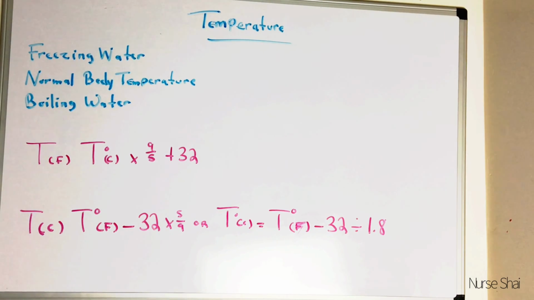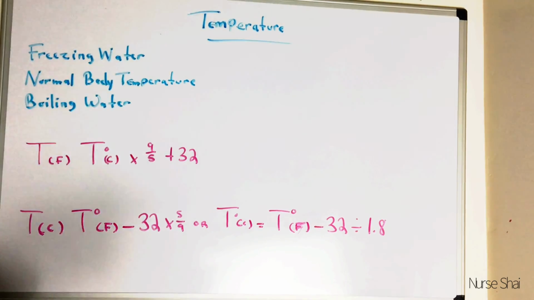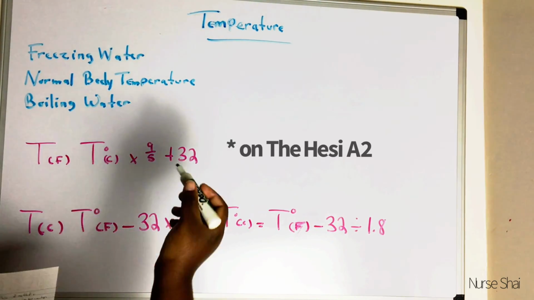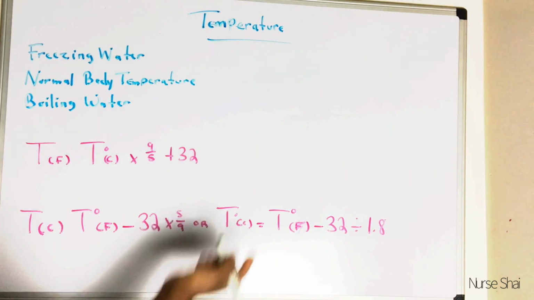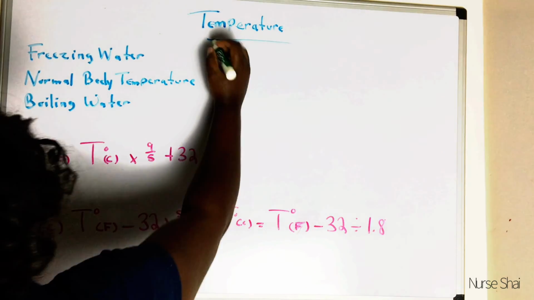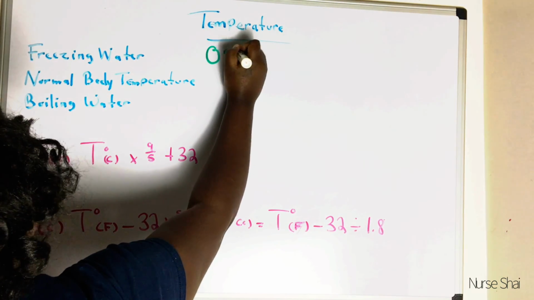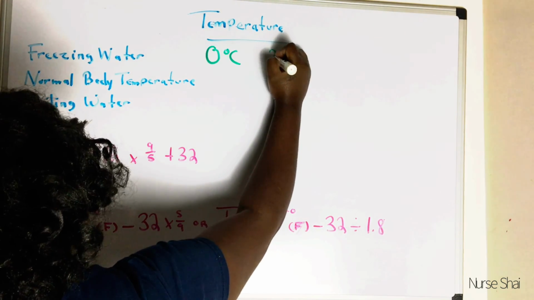So let's talk about temperature. On your test, you might be confronted with a few questions that ask about temperature. In the United States, we use Fahrenheit. We don't use Celsius as much, but it's important to know both of them. The freezing temperature of water would be 0 Celsius, and 32 Fahrenheit.